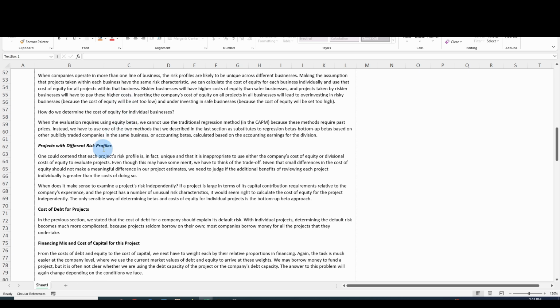When the evaluation requires using equity betas, we cannot use the traditional regression method in the CAPM because these methods require past prices.